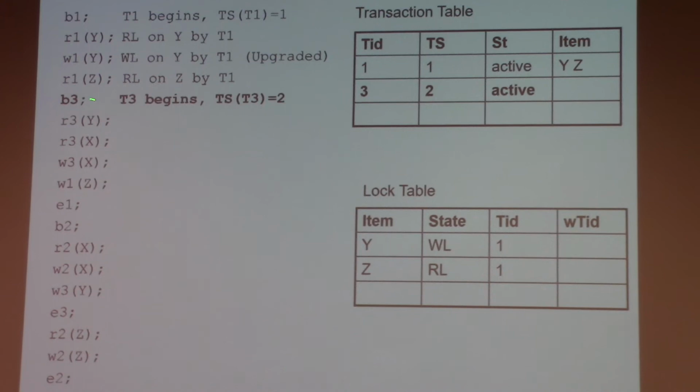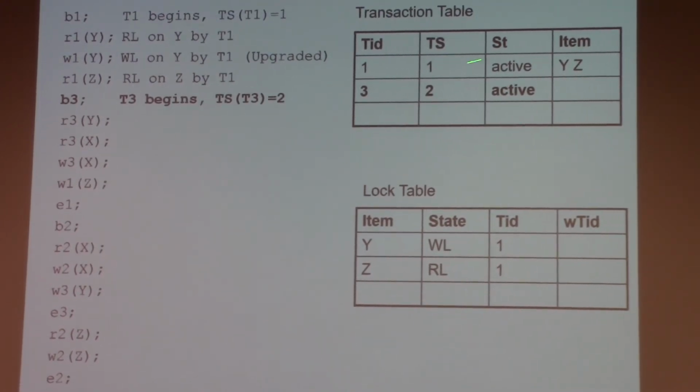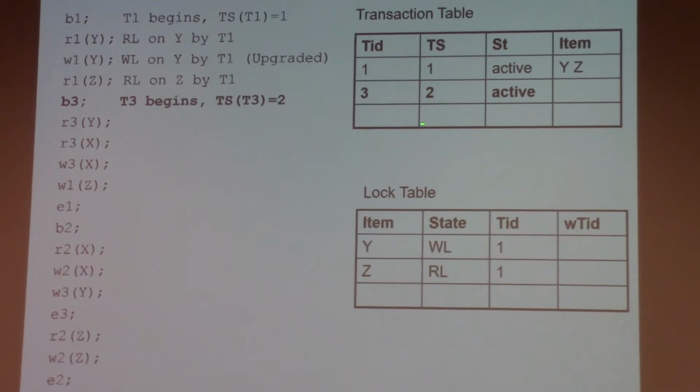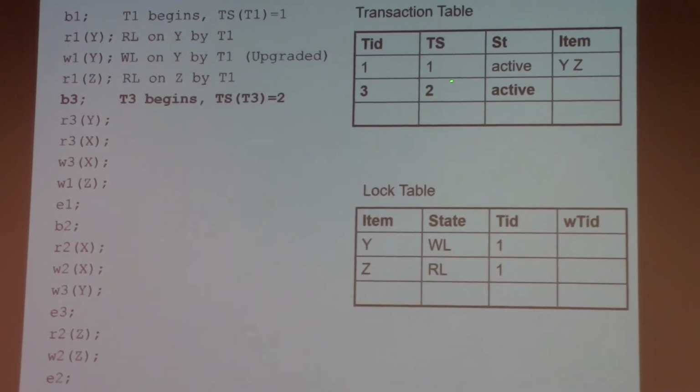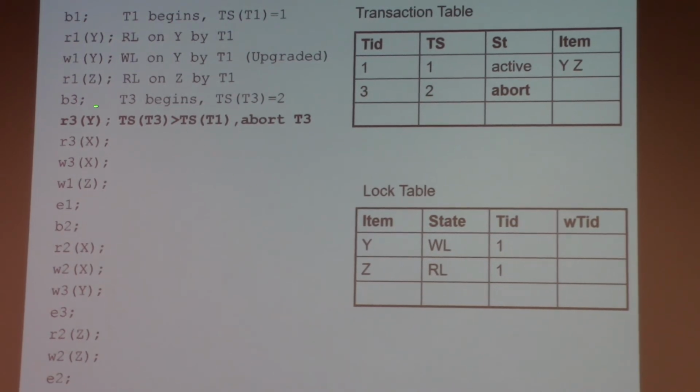But once B3 starts, transaction 3 starts, there are two current active transactions. The timestamp is 2 because it's a sequence number, even though the TID is 3. So don't be confused by the sequence number timestamp. There might be no problem, but in case transaction 3 would like to read data item Y, when you check the lock table, Y is held by what?